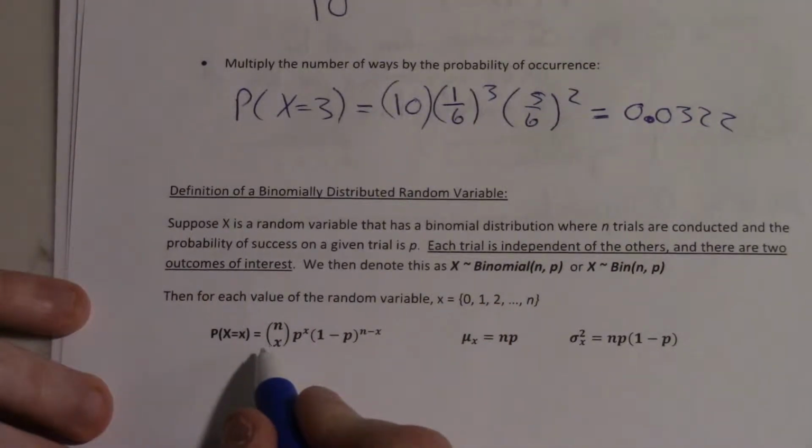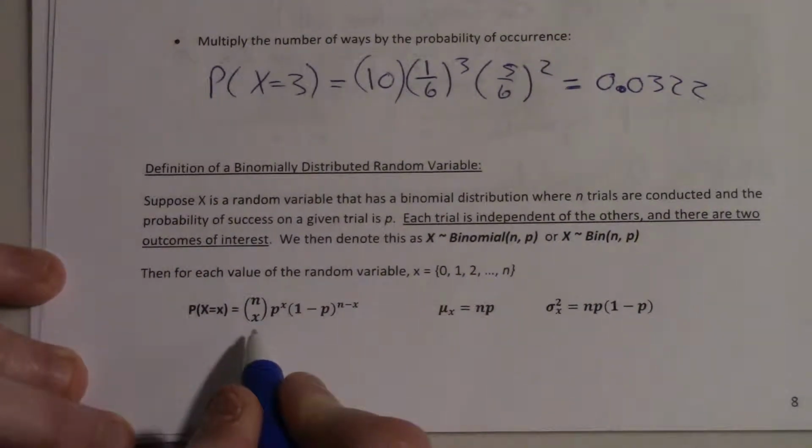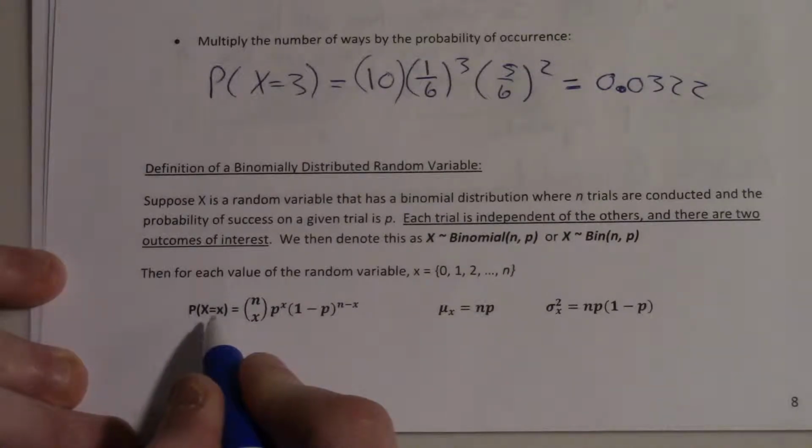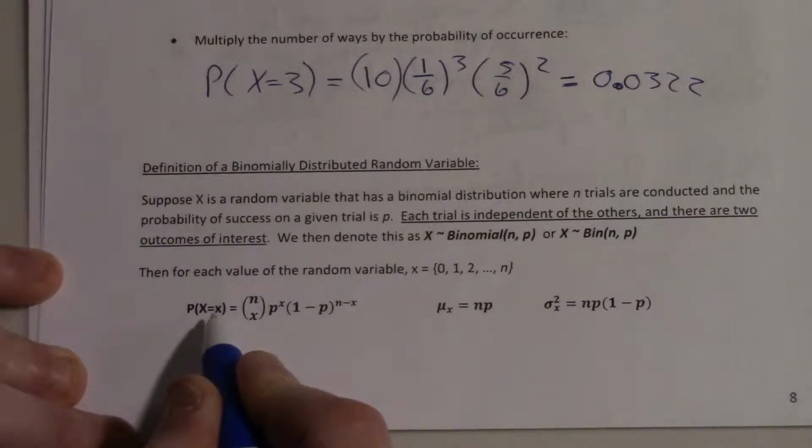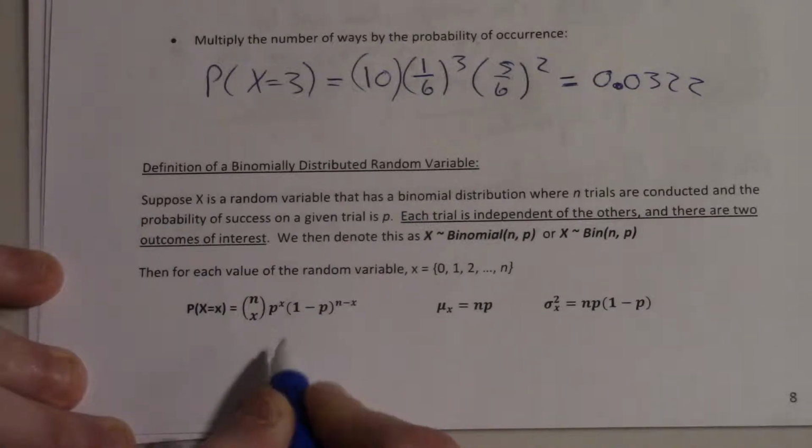So they came up with a general formula to find any of these probabilities. So in a binomial distribution, the probability for any value of the random variable, whatever little x you want, uses this equation.